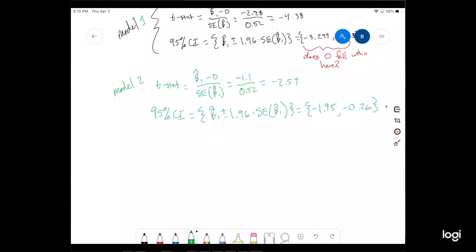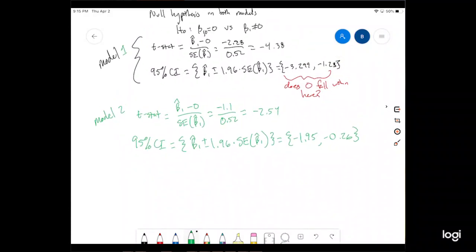Okay, so those are the values that we can't reject with 95% confidence. Again, 0 does not fall within that range, so we reject 0. But this range has gotten smaller, and it's also decreased in magnitude relative to Model 1. So what can we learn?